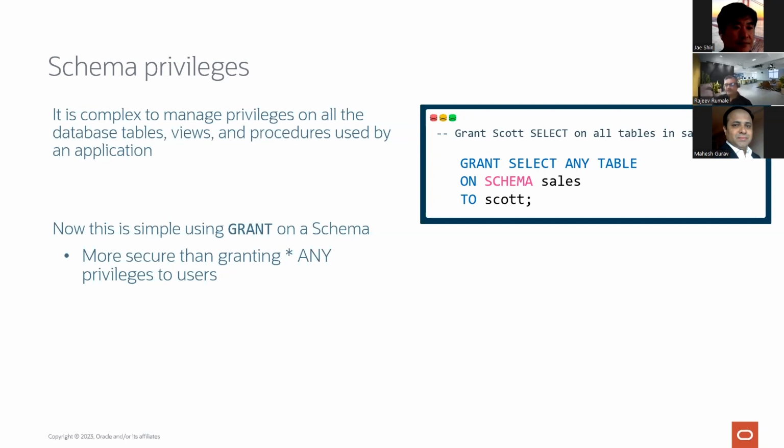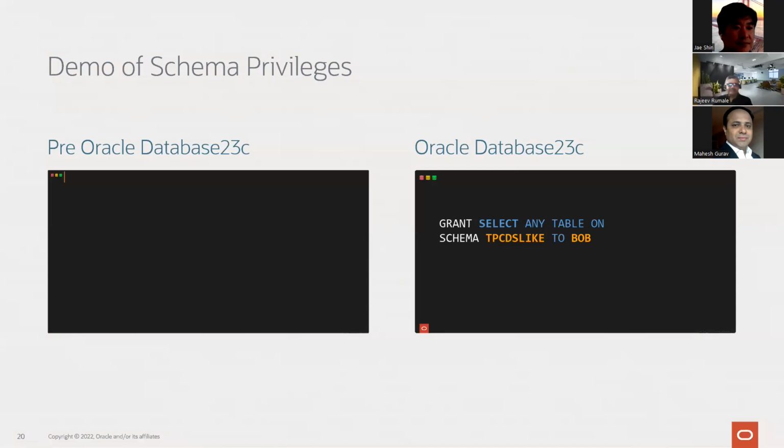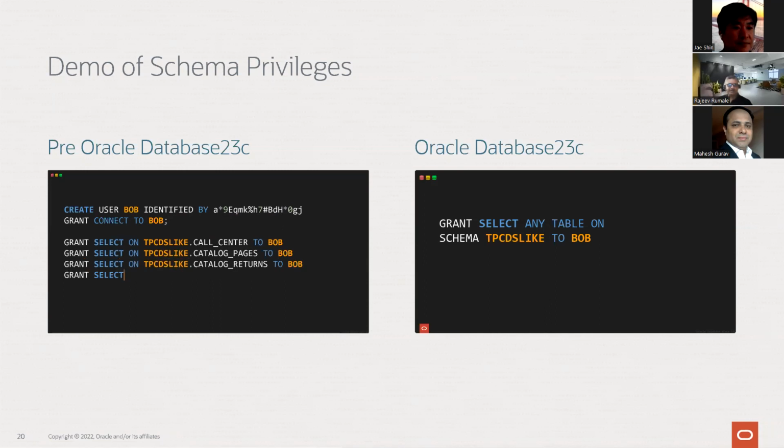So till now, what we used to do was grant per object, like I can do select, insert, update on the XYZ table in the ABC schema, right? To avoid that, we may create a role, etc. But it is much easier now because I can give a grant at a schema level also, right?